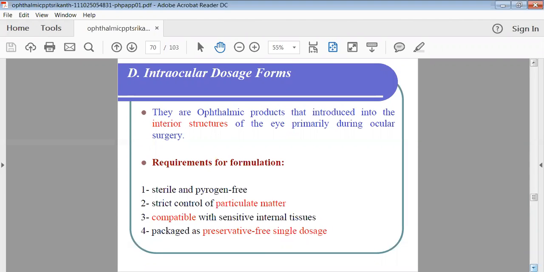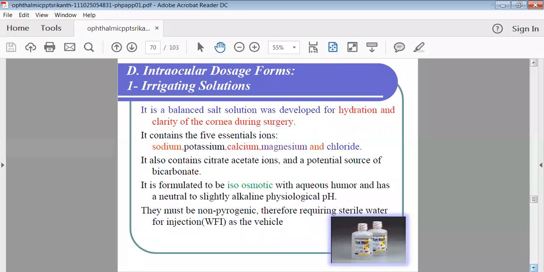So while preparing the intraocular solid dosage form, preservative should not be administered with them. These are the specifications, or the requirements of that formulation, that we should maintain.